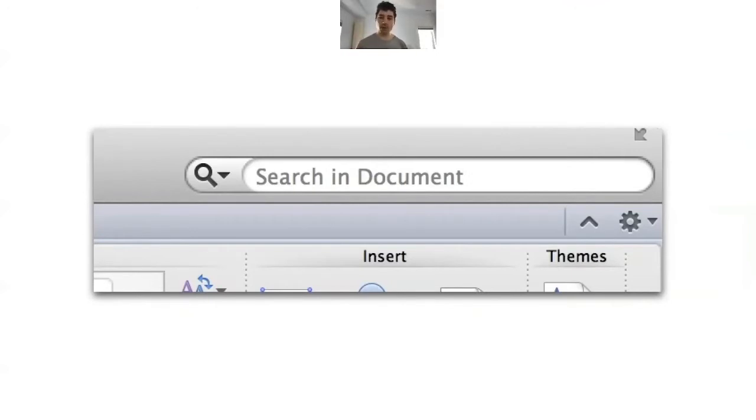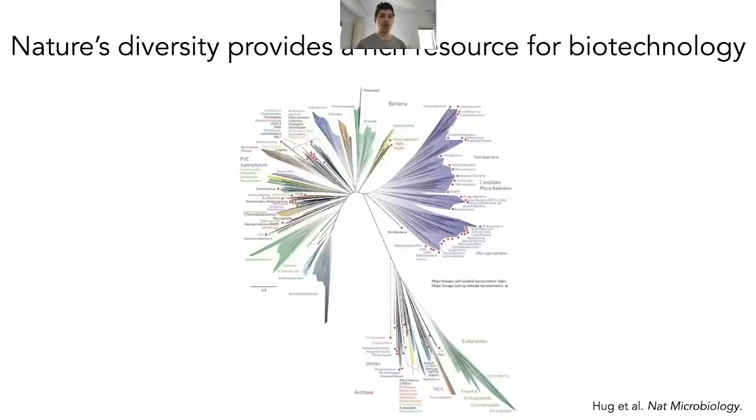You can probably guess that the answer is we can go to natural diversity. This is a picture of the tree of life as it stands in about 2016. We like to say that we as biologists don't really build these tools, but instead we borrow them from this natural diversity. We have a time-honored tradition of building molecular tools from naturally occurring proteins, enzymes, and other systems.